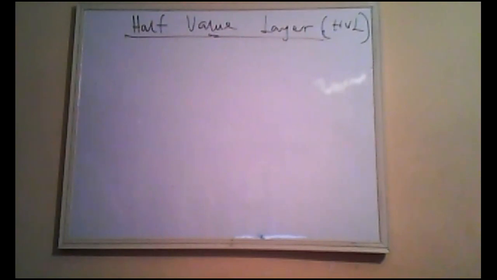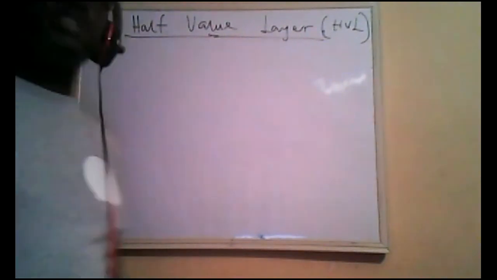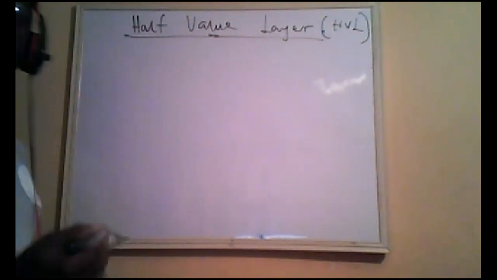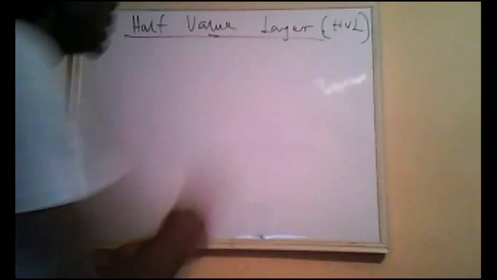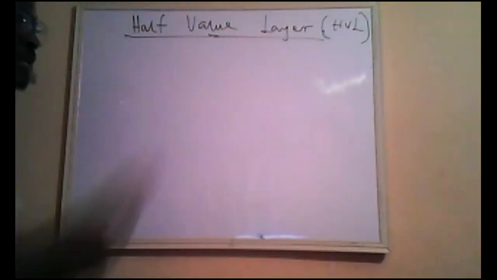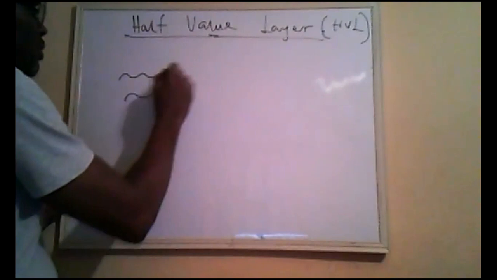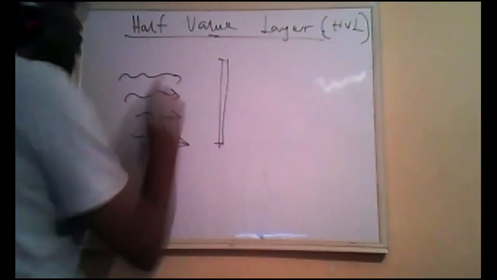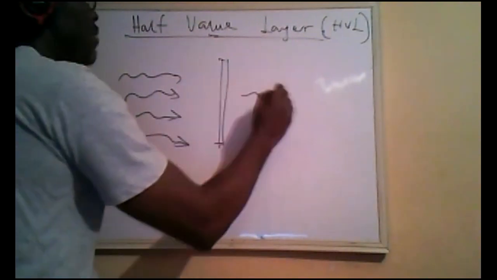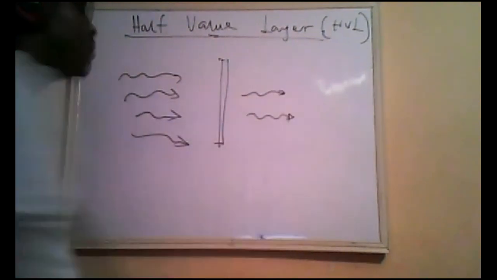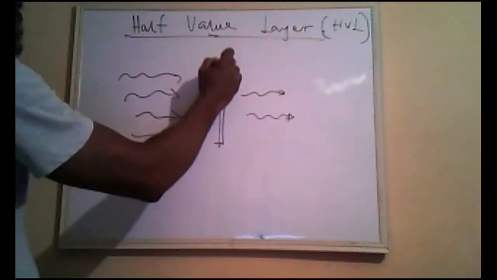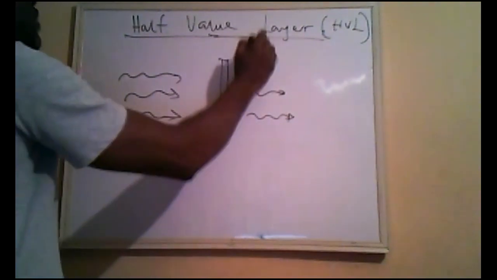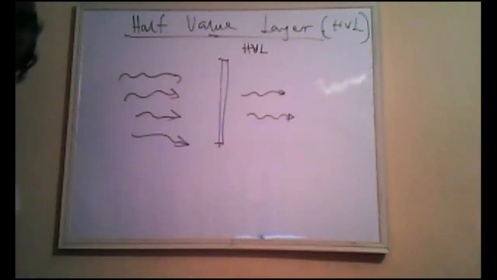If that tissue thickness reduces the number of photons moving through it by 1/2, then that thickness of material is the HVL. That's the HVL of that particular beam.